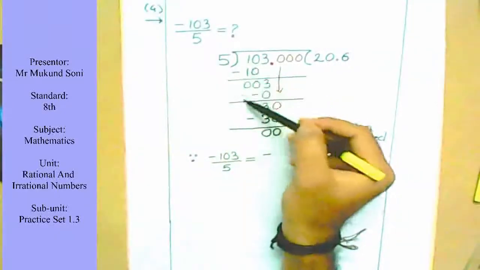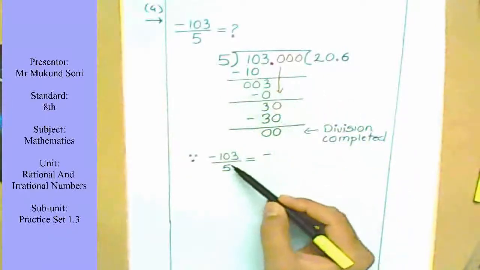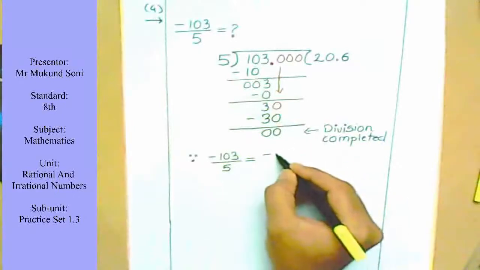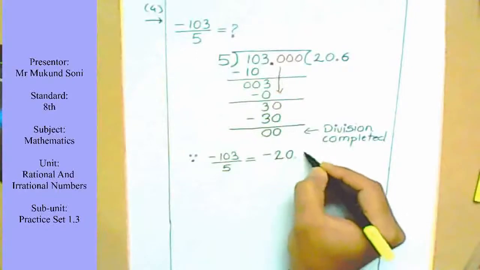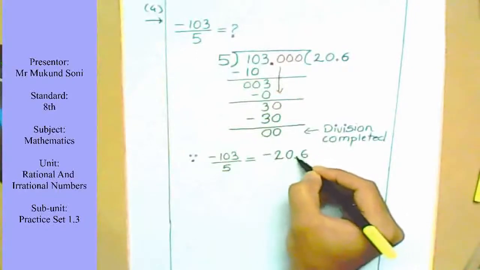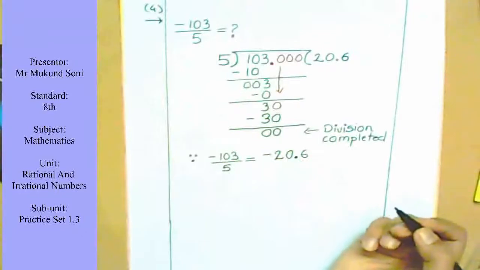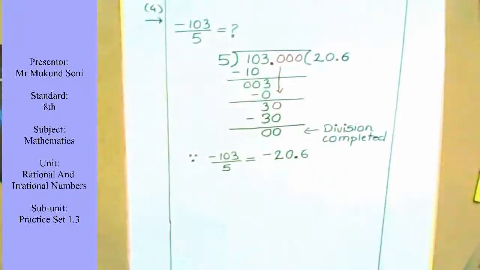We do not use it in the long division anywhere. We don't use that negative sign there, but in the answer, we put it as it is. Then don't forget to write your answer, that is 20.6. Don't forget to write your decimal points neat and clear so that they are easily readable.